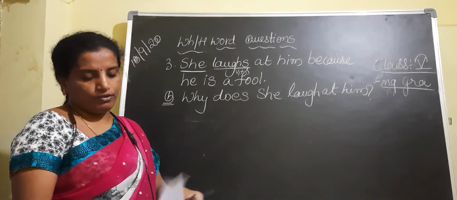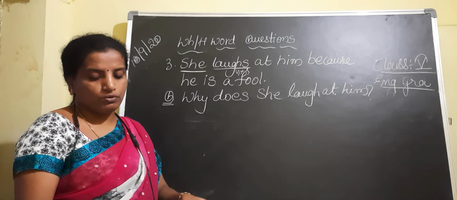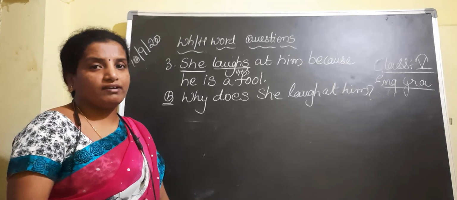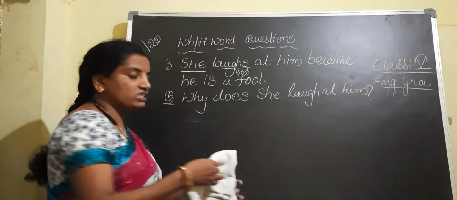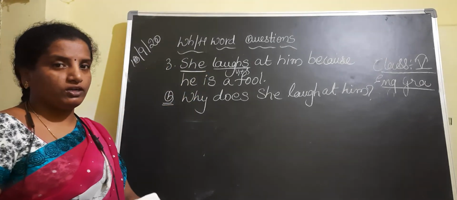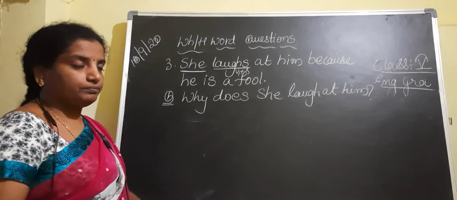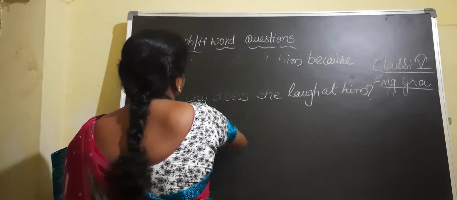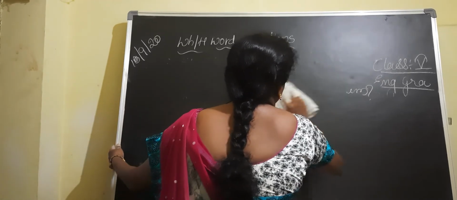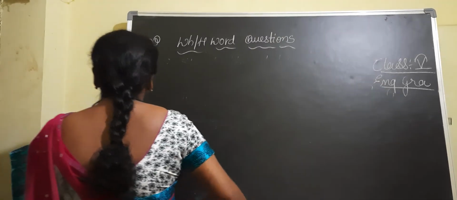Now see, children, a few more questions have been given to you with WH. They have given with whom. Let us discuss a few of the questions with whom, then we will go to how. Now what is our next word, children? Whom. Now I am discussing the questions with whom.